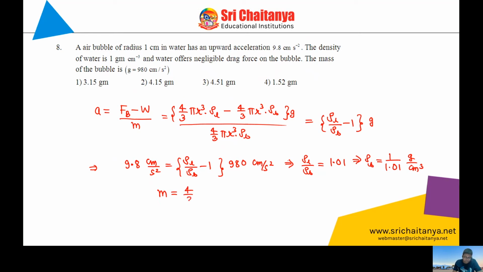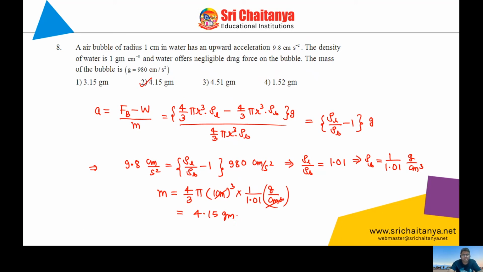Volume would be 4 by 3 pi r cube. r is given to us as 1 centimeter, so 1 centimeter cube, into its density, that is 1 upon 1.01 gram per centimeter cube, right? So centimeter cube will get cancelled, and substituting the value of pi as 3.14, you will get it as 4.15 gram. And I think option 2 will be the right choice here.